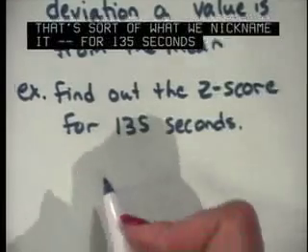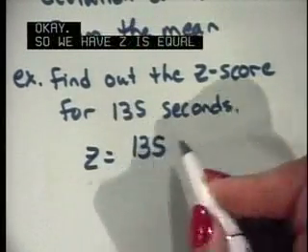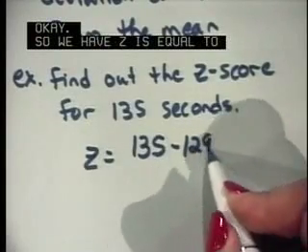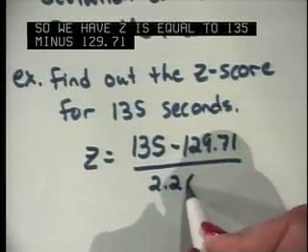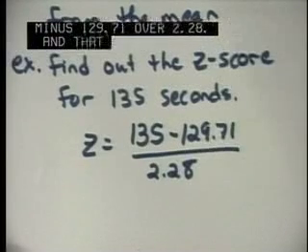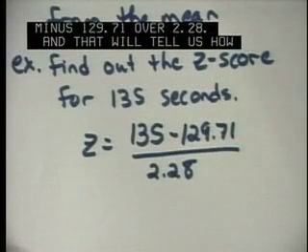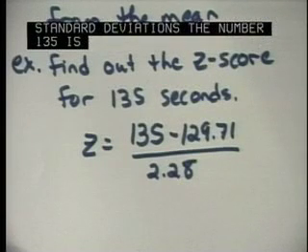Okay, so we have Z is equal to 135 minus 129.71 over 2.28. And that will tell us how many standard deviations the number 135 is from the average.